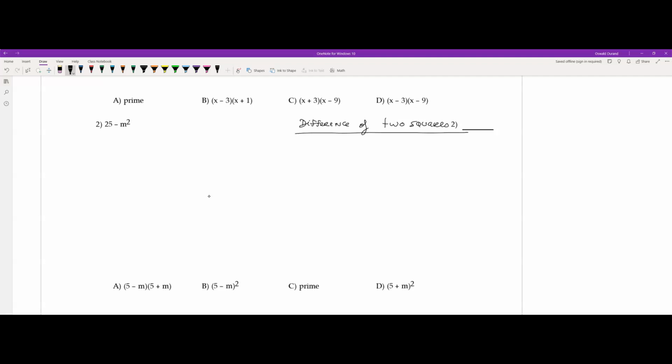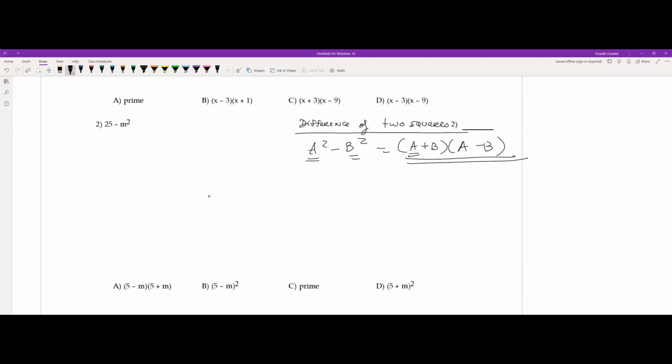The difference of 2 squares goes as follows: a squared minus b squared is equal to a plus b times a minus b. Meaning that when I factor a squared minus b squared, which is a polynomial, it gives me a plus b times a minus b. That means the first term is the square root of the first term, a squared, and the b, the positive b or the negative b, is the square root of b squared.